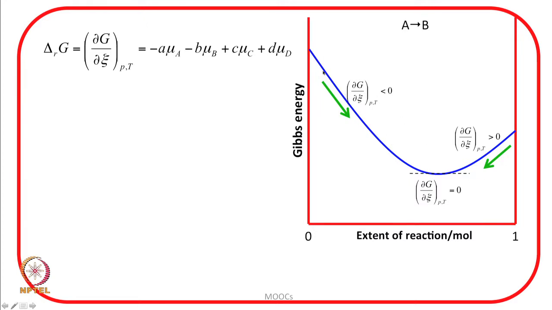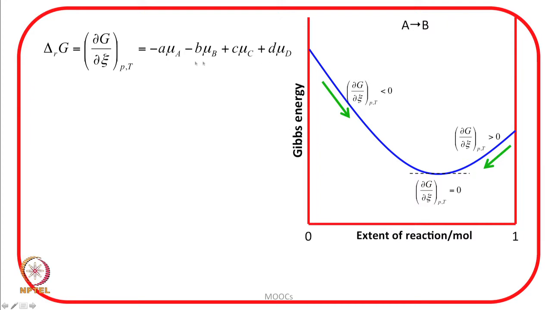On this side, as we discussed earlier, the reaction is spontaneous. Whether this slope is positive or negative will depend upon the chemical potentials of A, B, C and D. If this overall value turns out to be negative, at that composition the reaction will be spontaneous in the forward direction.